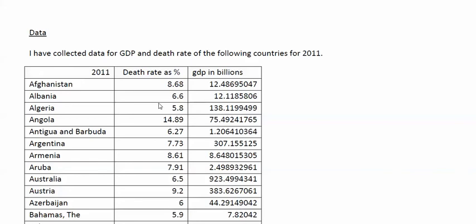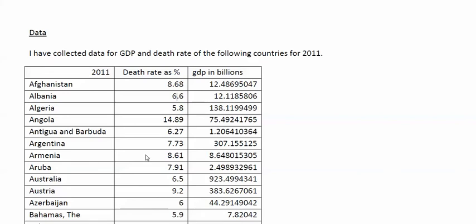I think he just says he randomly selects countries, which is not good enough really. And it hasn't really explained what it means by death rate. I'm still trying to understand what it means by death rate. It's confusing, so it hasn't explained that bit.